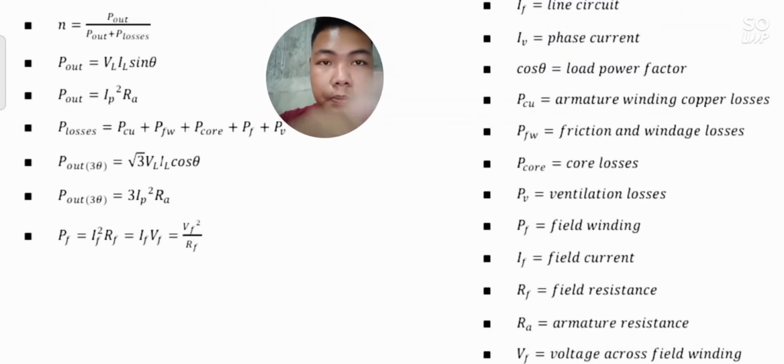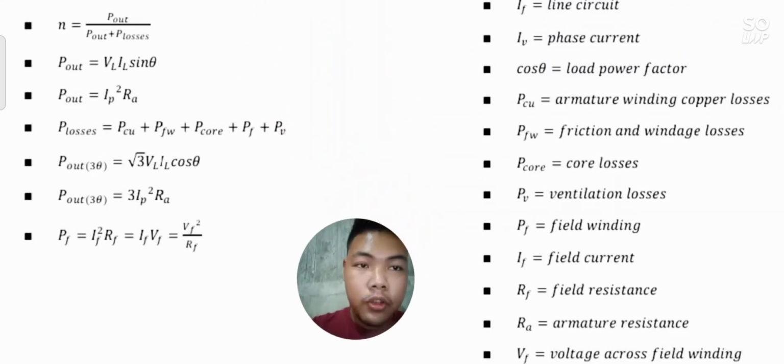We have here efficiency equals P sub out all over P sub out plus P sub losses. So P out equals V sub L I sub L sin theta.